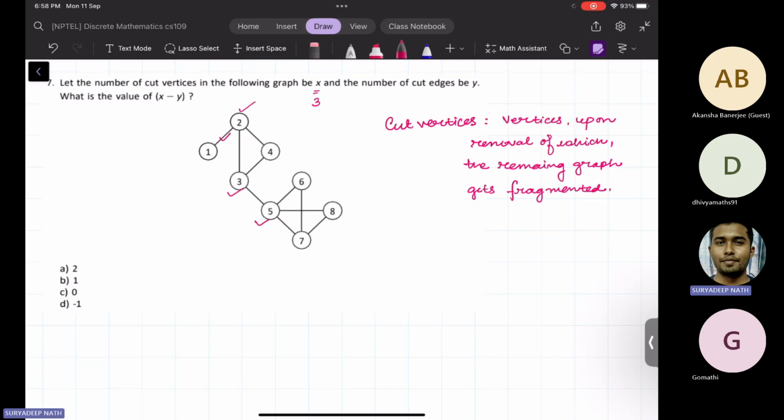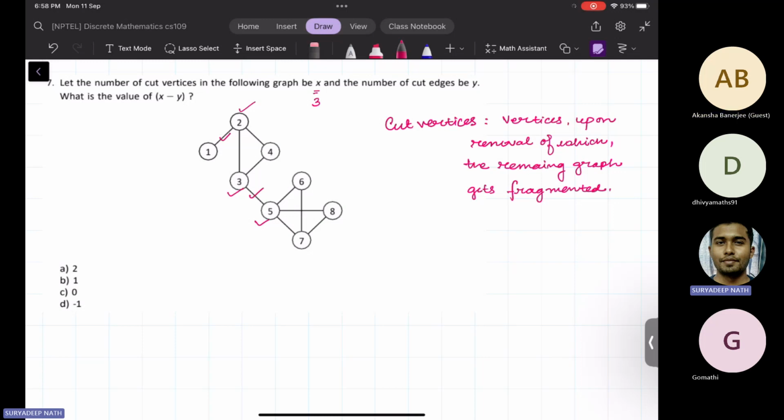No. 2 and 4, no. Between 3 and 4, no. 3 and 5, yes, so it is a cut edge.